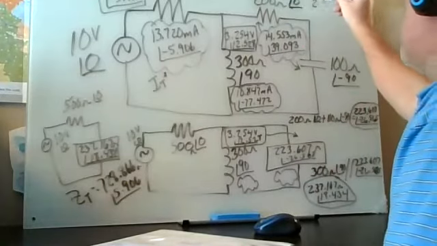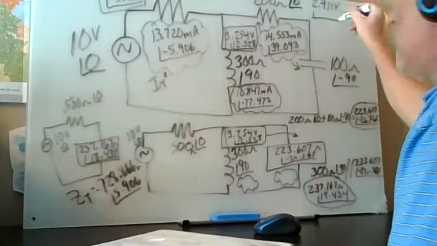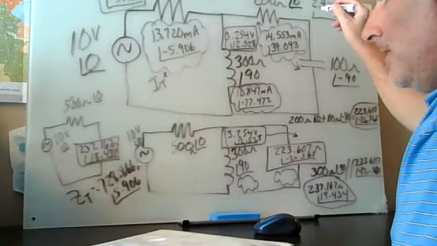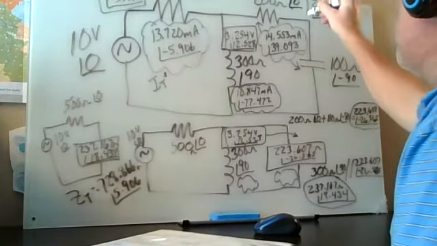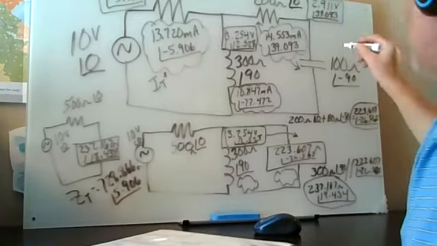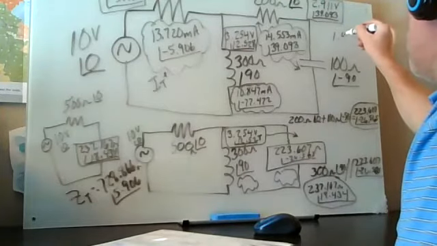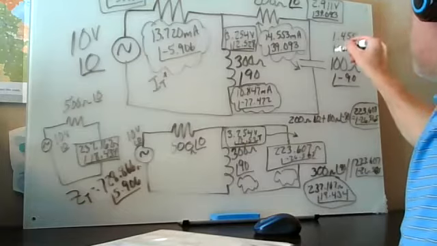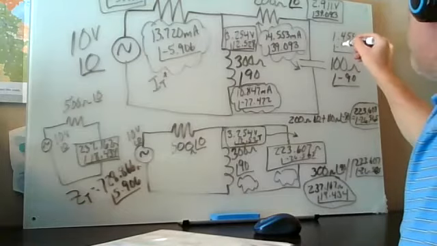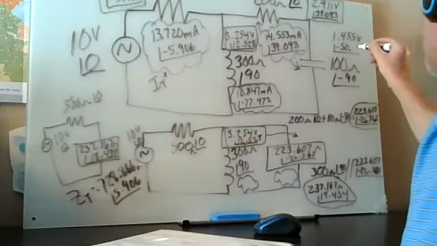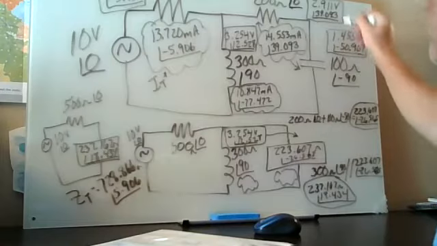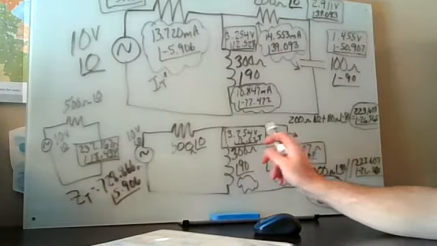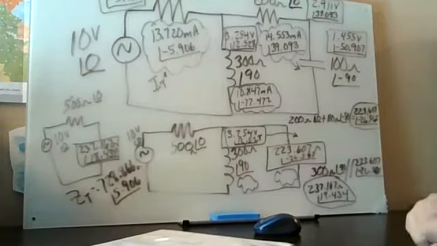And up here I get 2.911 volts at an angle of 39.093. Bingo. And here I got 1.455 volts at an angle of negative 50.907. When I add these two voltages up, they got to equal my voltage here, which is 3.254 volts at an angle of 12.528.